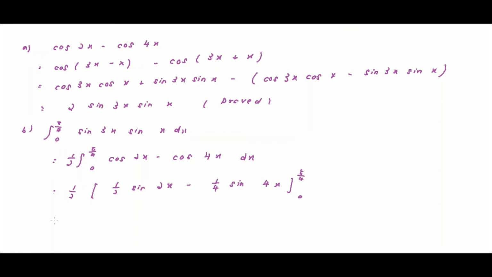Now we can start to substitute them. So 1 over 2 sine 2 pi over 4 minus 1 over 4 sine 4 pi over 4.